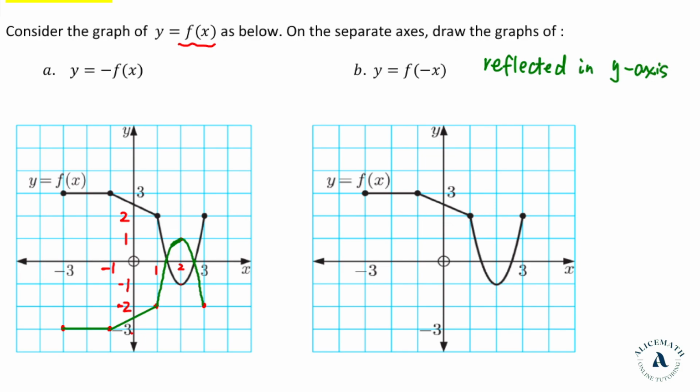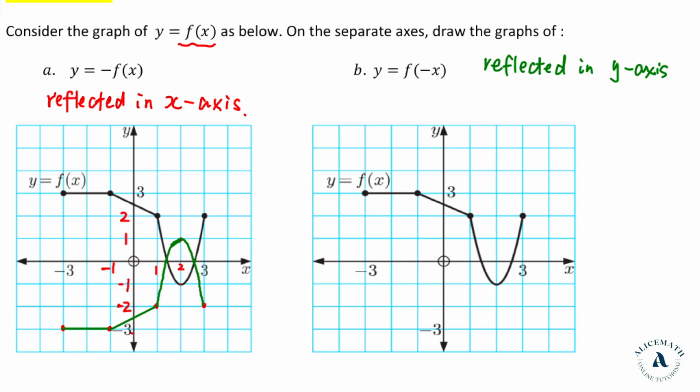Okay, so the previous one is reflected in the x-axis because x keeps the same. Reflected in the y-axis means change the sign of x and keep the y-coordinate the same.